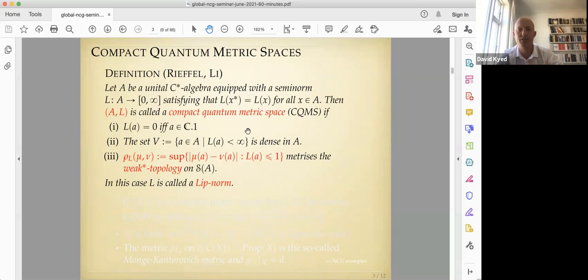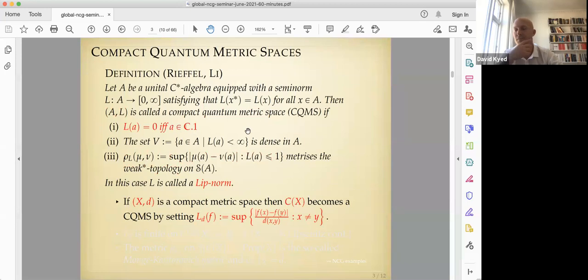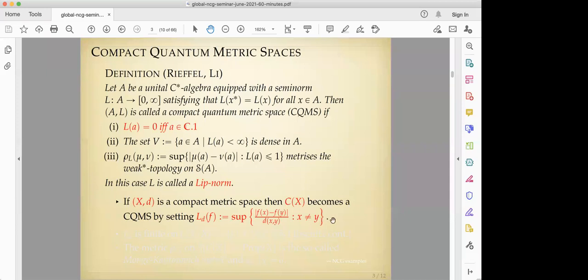And I, of course, need to tell you where these things come from. And the best thing is, of course, to go to the commutative example. So if you start with an honest-to-God metric space (X, d), then you can look at the corresponding C-star algebra, C(X), and you can put a semi-norm on it by associating to a function its Lipschitz constant.